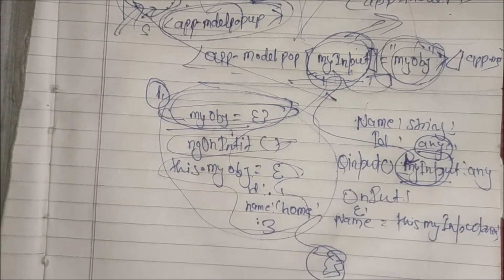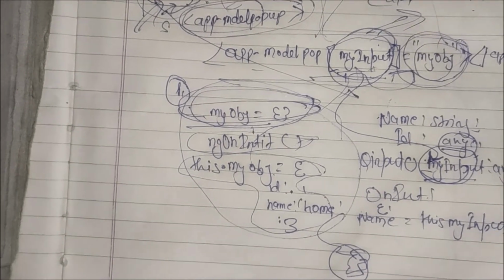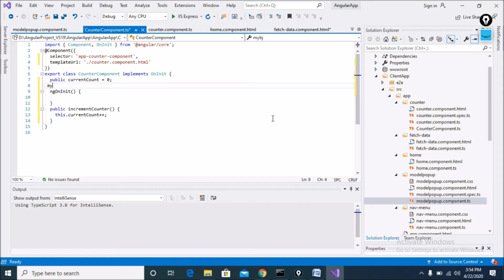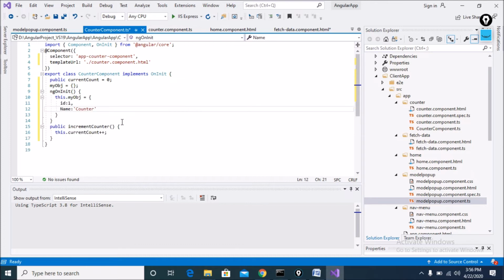Let's start how to solve this problem practically. This is my object. Just declare the object here and set the value of the object here.